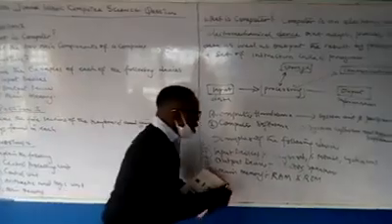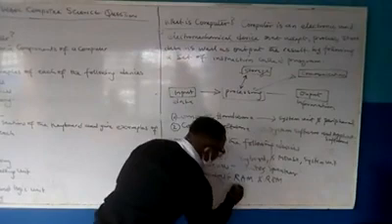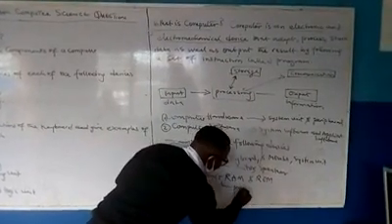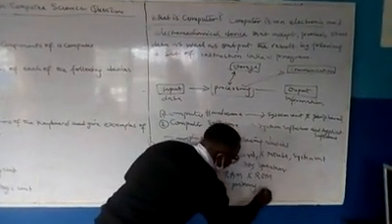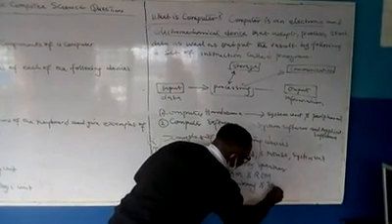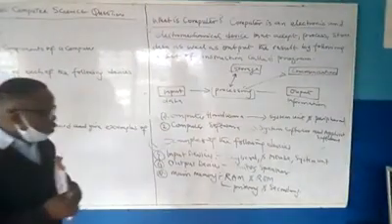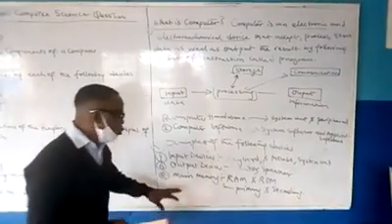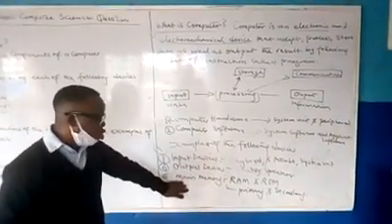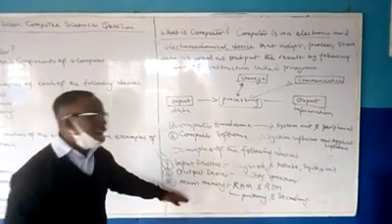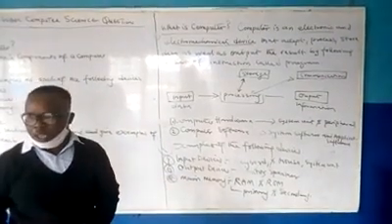The primary memory and secondary memory. Primary memory is the one that, when you are typing, you want to store, or the computer stores it itself, and if the light goes off, it's volatile.